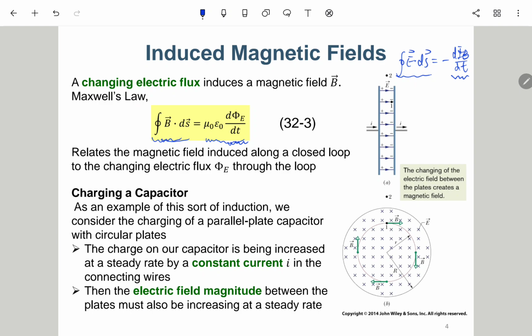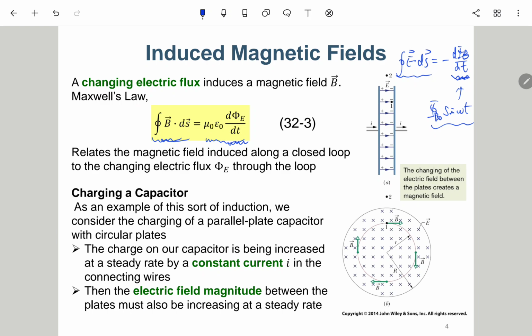So you can imagine, suppose the rate of change of d phi b dt is not a constant, or let's say it is sinusoidal: phi b 0 times sine of omega t. Suppose we have a time varying B field like that.